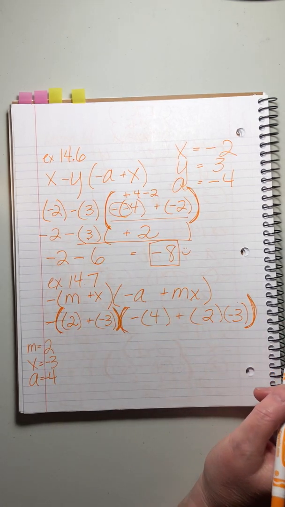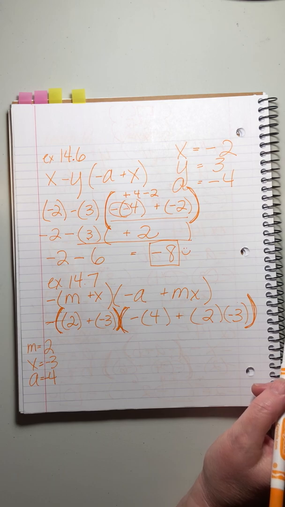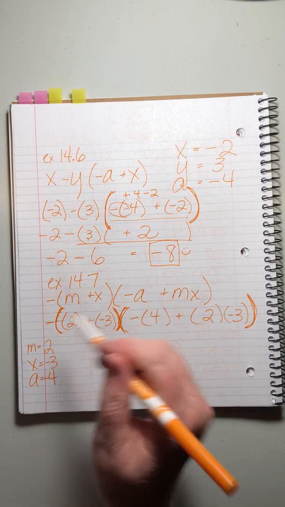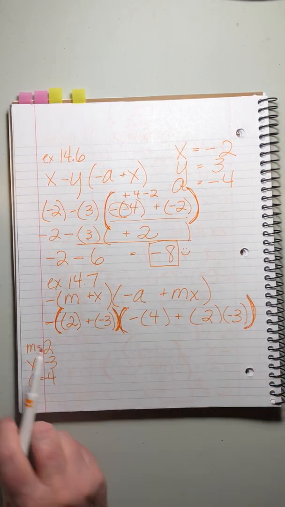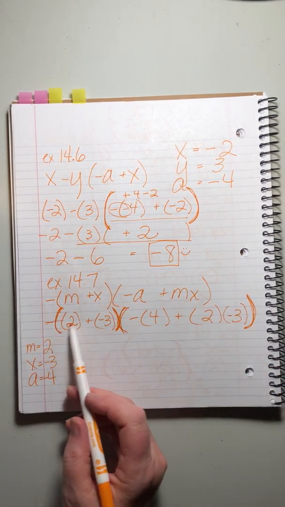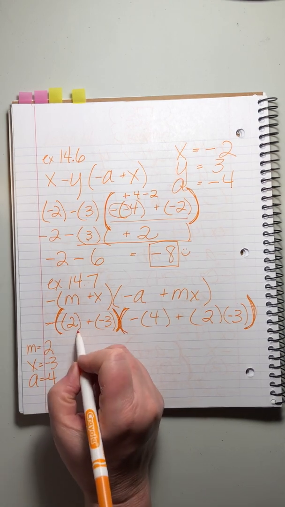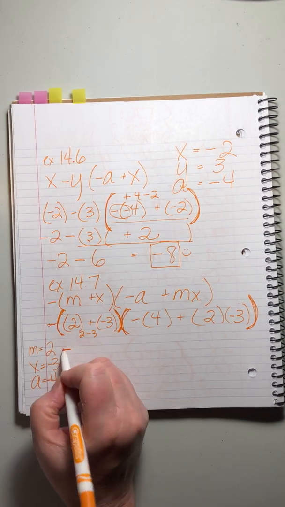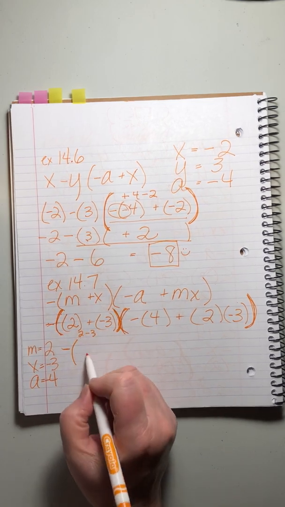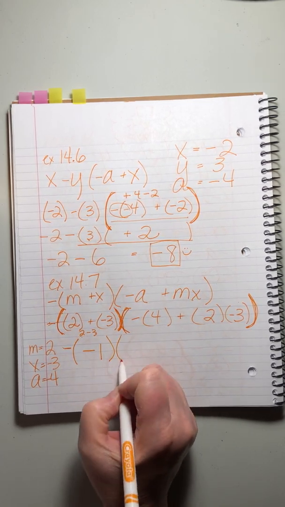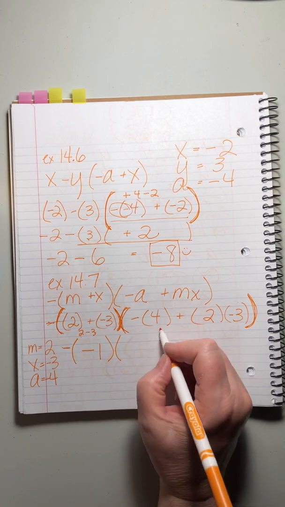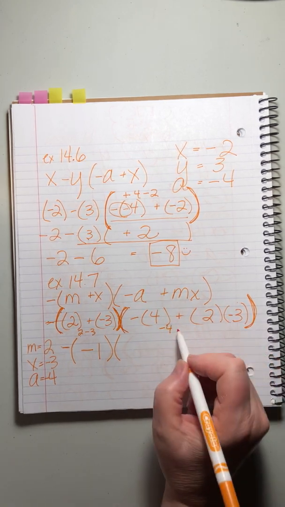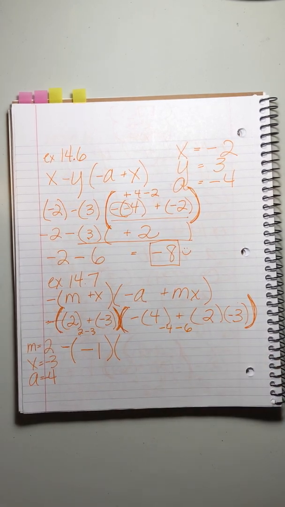So that's kind of a nice little extra, but that's something to pay attention to, is don't get scrambled up as you're moving from your list to plugging in. Okay, I'm going to simplify this side first. This comes down to 2 minus 3, right? There's my minus on the outside. 2 minus 3 is negative 1 times, okay, this is minus 4 minus 6.